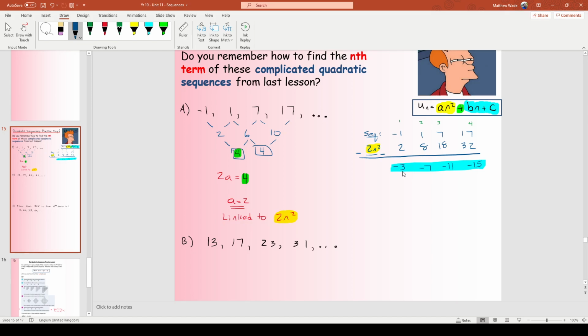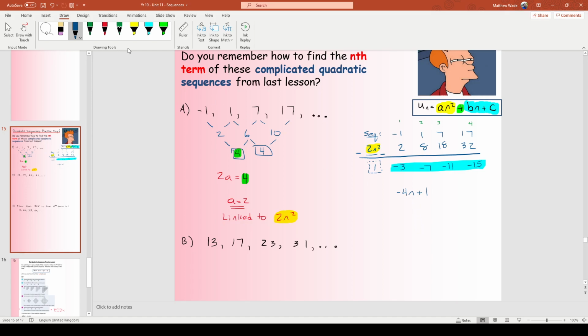It's counting down in 4s each time, so it's going to be -4n. We're doing the normal way now for the nth term. It's -4n because it's going down in 4s each time. And remember that trick we had, that we can sneak in the 0 term here? If you add 4 to go this way, that's 1. So -4n plus 1 is the nth term for the blue.